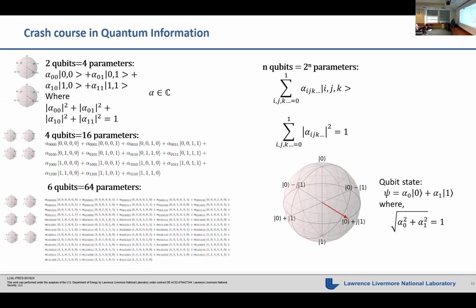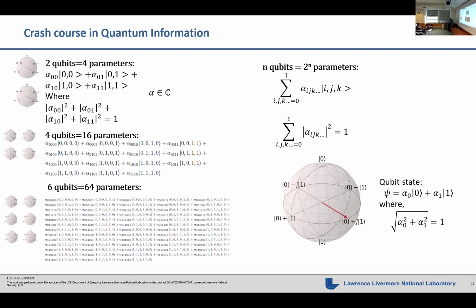Each one of these variables is a different variable that you can control, that you can measure, that you can apply operations to. This is both the reason why quantum mechanics is difficult to simulate on classical computers, and the reason why quantum computers are perfect for simulating quantum mechanical information.